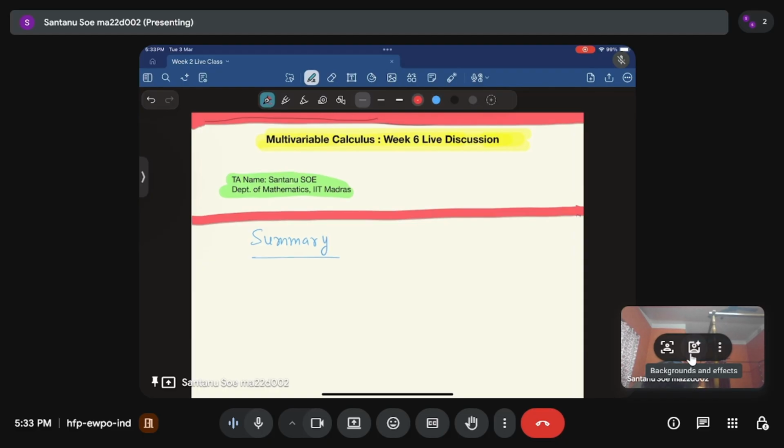The first topic that has been covered is the properties of beta and gamma function. Second is applications of double and triple integral.